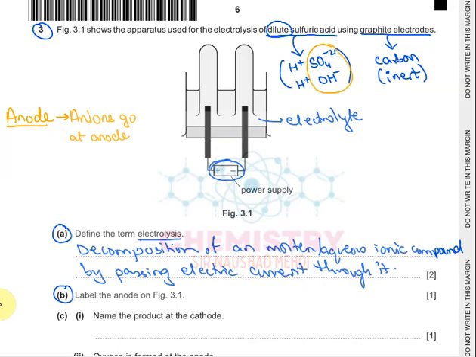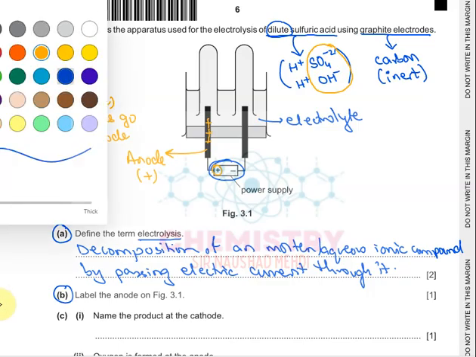Sulfate ion and hydroxide ion. So sulfate ion and hydroxide ion, which are your anions, will go to the anode, right? If the negative ions are going to the anode, it means that the anode should be positively charged, because anions are negatively charged, so negative ions will go to the positive electrode. So the positive electrode is this one, right? This is your positive electrode, so this will be your anode, and over here the negative anions will go and discharge.